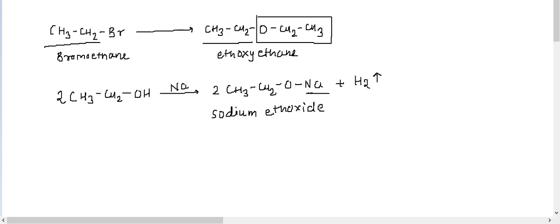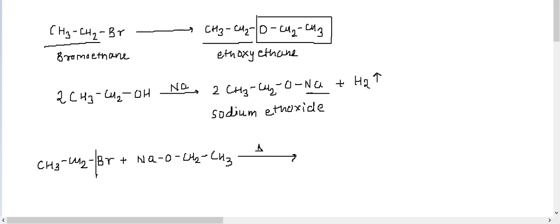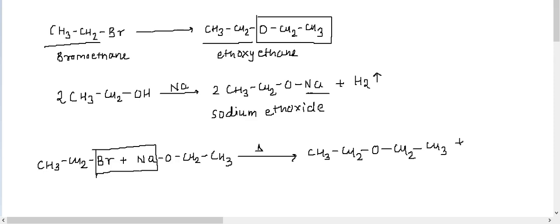Now the next step is we have to react our starting material ethyl bromide with sodium ethoxide, NaOCH2CH3, and now we get CH3CH2OCH2CH3 plus NaBr.